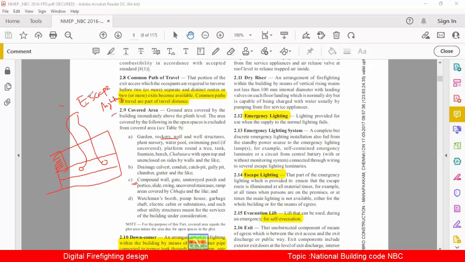Anyway, this will be taken care of from the electrical point of view, but you should know. In case of fire, whenever people escape, that path should be illuminated. Sometimes there is a power failure, so if there is no brightness in the access, people may get stuck. So to avoid that, you need to have light.